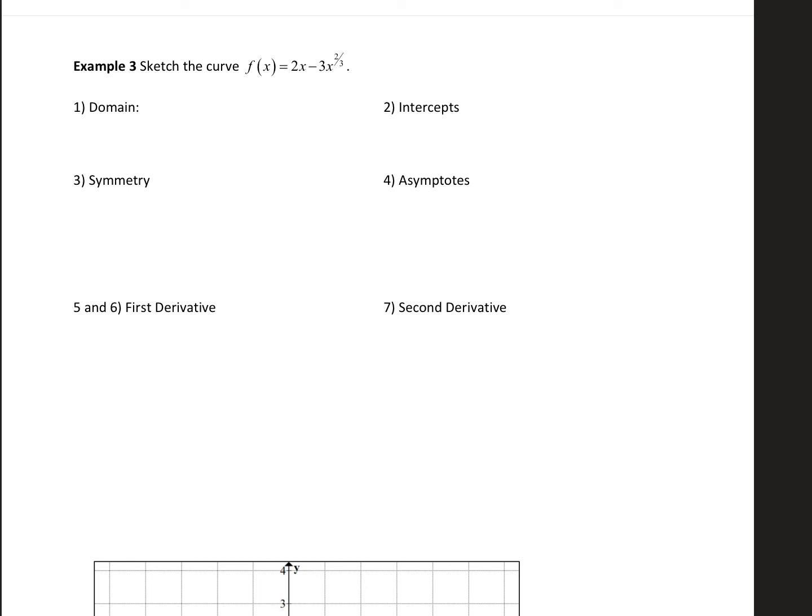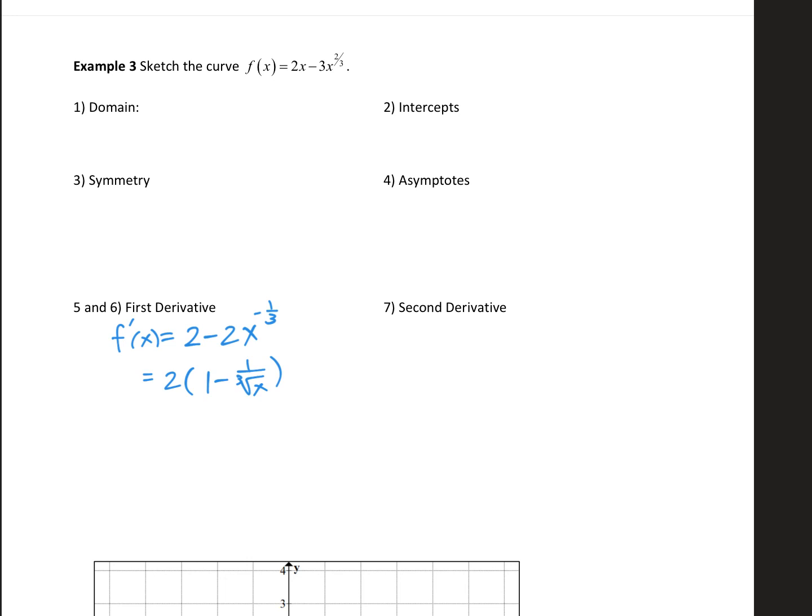My hint is the first derivative: f prime is 2 minus 2x to the negative 1/3 power. That means it's 2 times (1 minus 1 over the cube root of x). Again, negative 1/3 power is a negative power, so it's 1 over something. 1/3 power means it's a cube root.